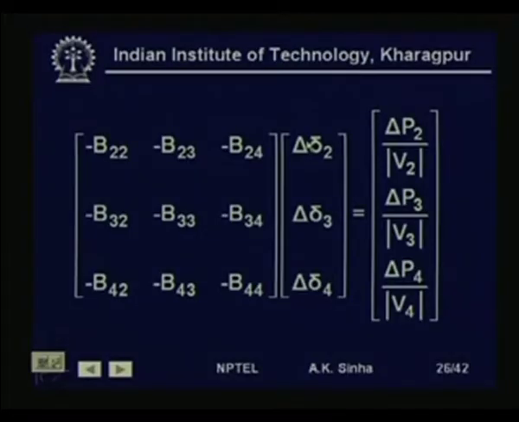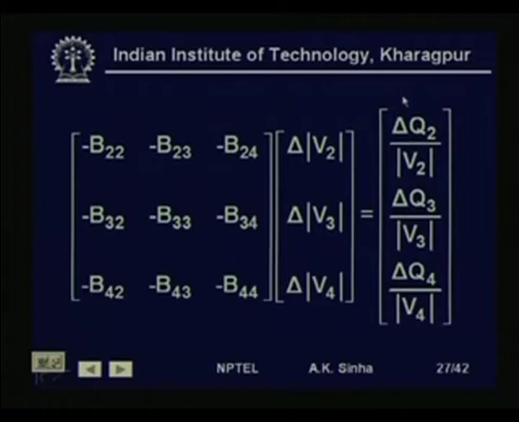Once we have these values of delta, we will compute the elements of this del Q by V vector, and since this matrix is already known, we will compute this by solving this equation.